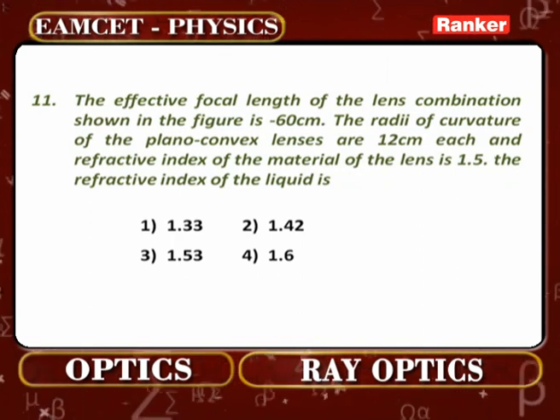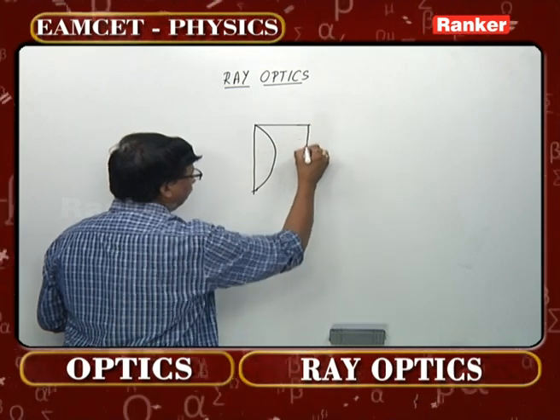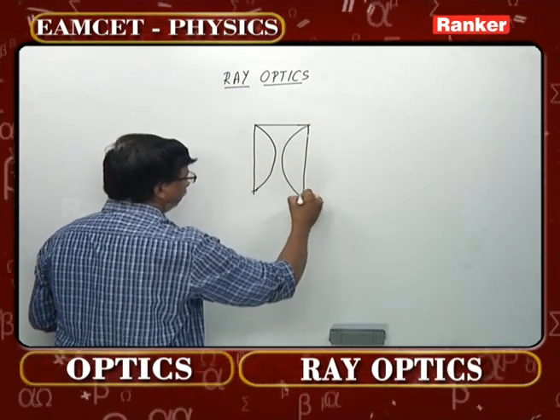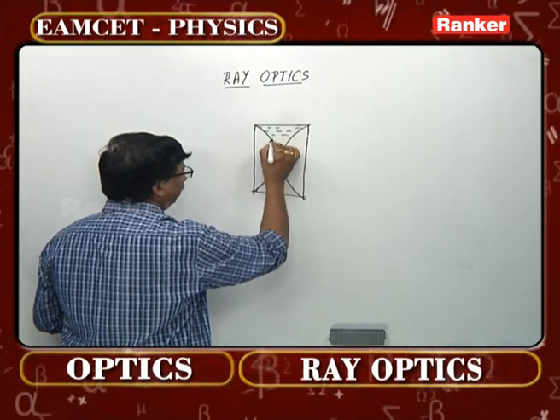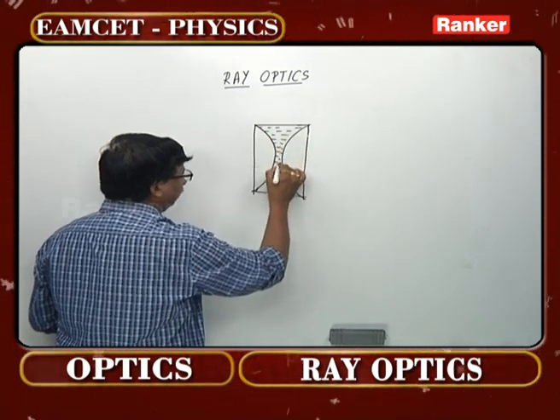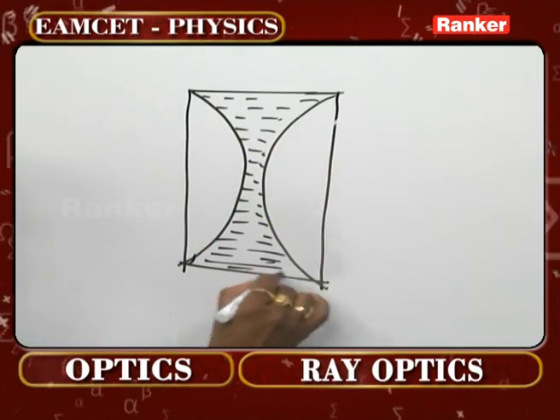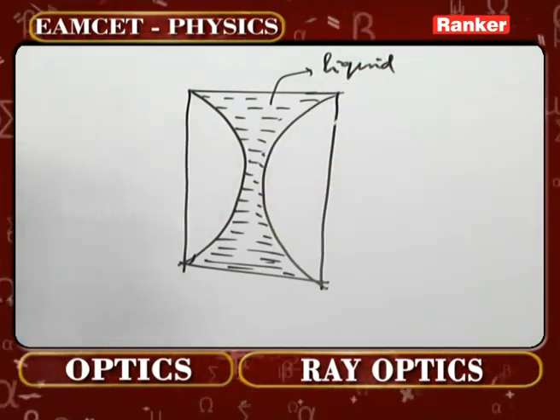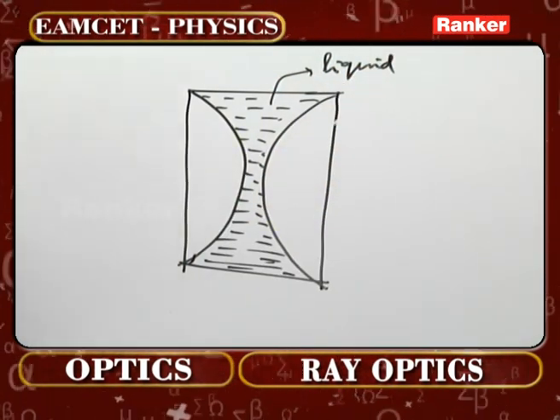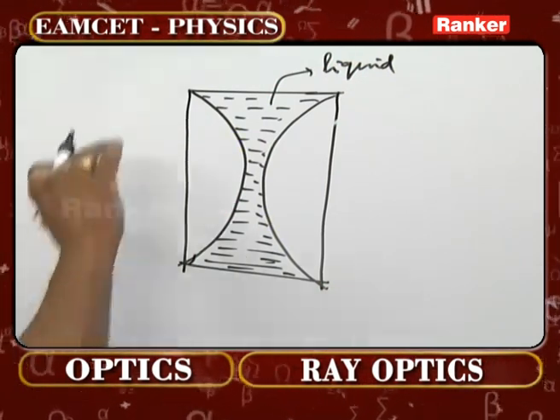We have a plano-convex lens this way, and one more plano-convex lens like this. In between these two, there is a liquid totally filling the space between the two plano-convex lenses. This is the liquid he is talking about. 12 centimeter is the radius of curvature of each surface.